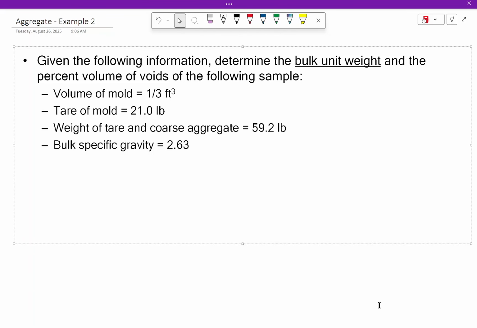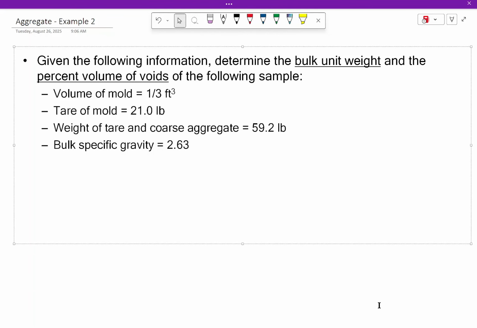We have to subtract the weight of the box to get the weight of just the coal. So if I ever use the tare, what I'm talking about is the weight of the cup or mold that's containing the sample. Ultimately we don't care what the weight of that is. We're talking about the weight of the sample. So more often than not in any computation, you're going to have to subtract off the weight of the mold to get the actual weight of the sample. Does that make sense?